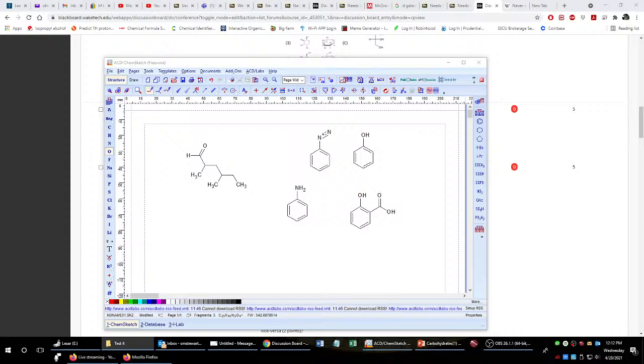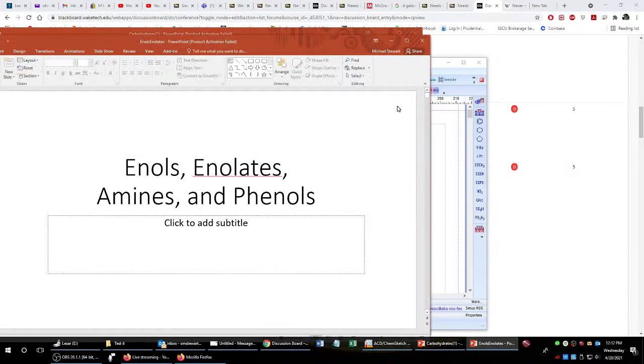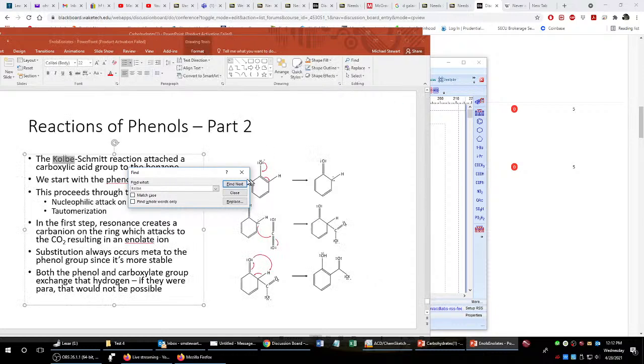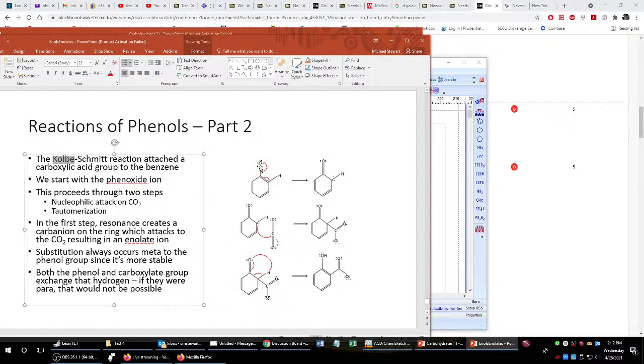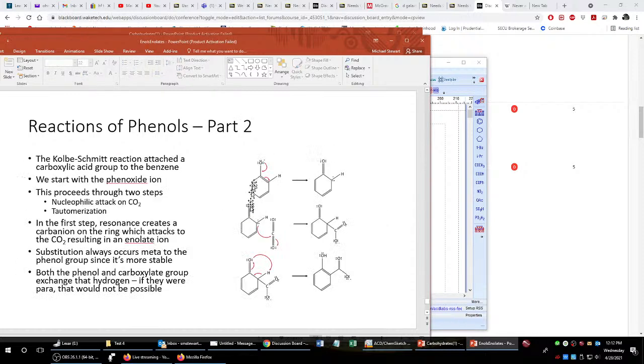I'm going to try to remember where the Kolbe-Schmidt is, but you may have to give me a minute. So the Kolbe-Schmidt reaction, if we take this, react it with sodium to give us the phenol alkoxide, this will by resonance attack the CO2, and then we'll end up getting back to the orthohydroxycarboxylic acid.